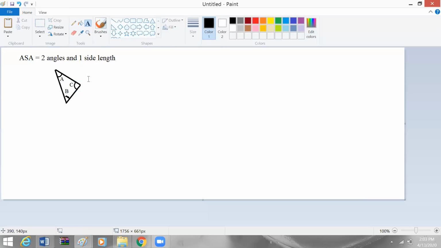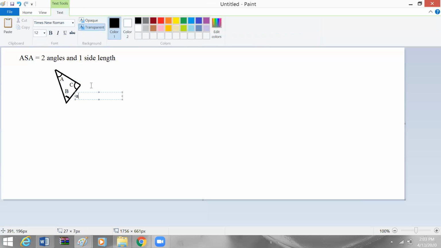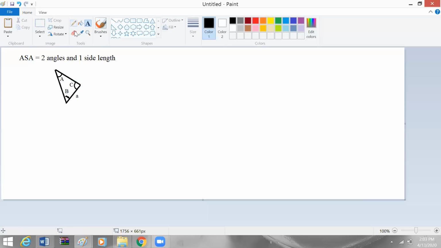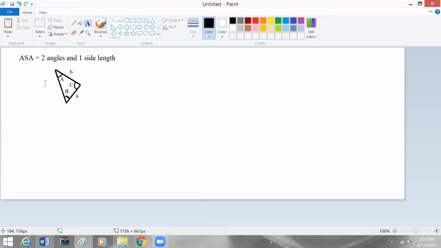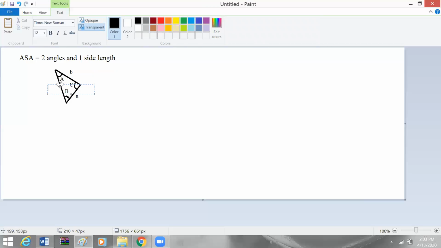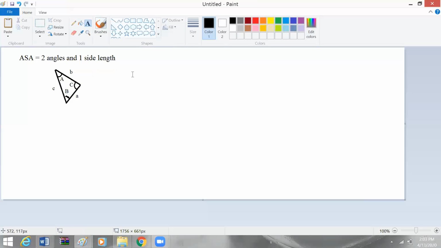All right, and so again, the side lengths that we're going to use are the corresponding sides. So this is A, this is B, and this is C. Remember the angle with its side length.